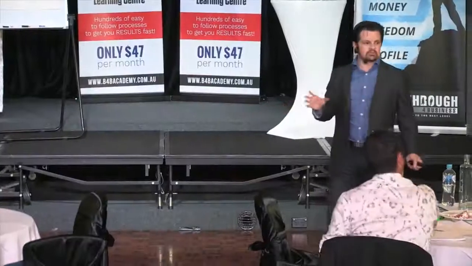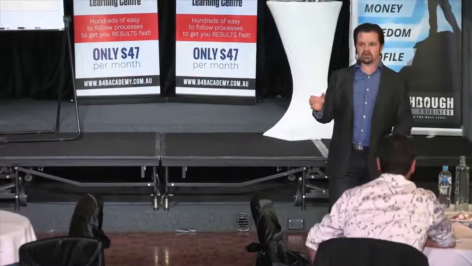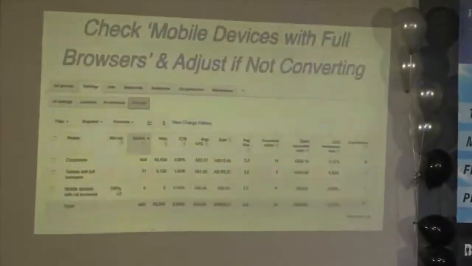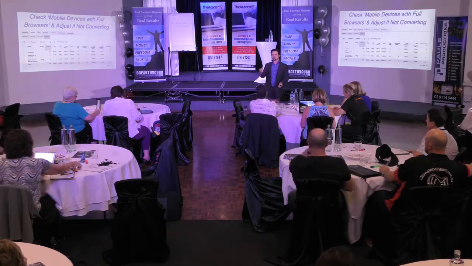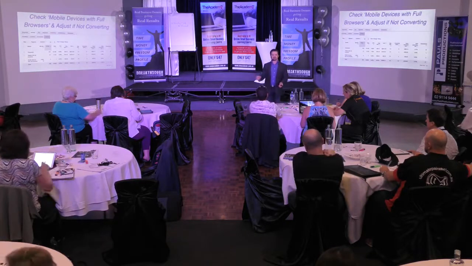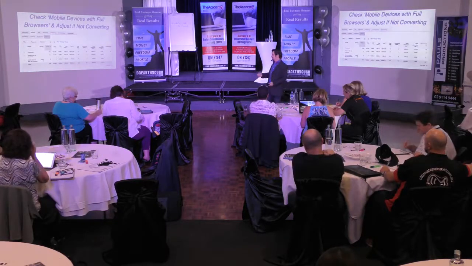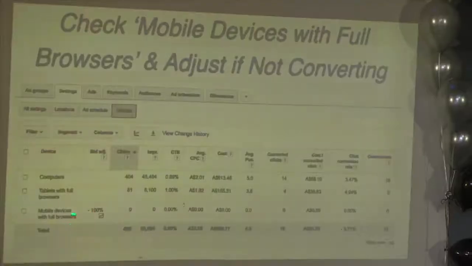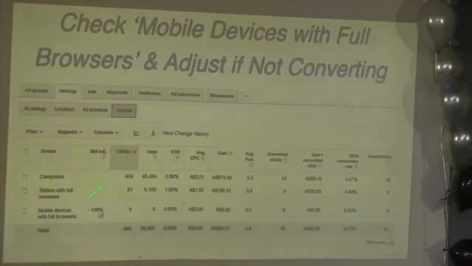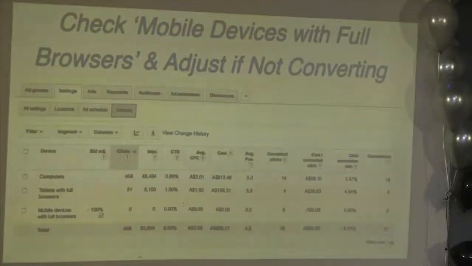We're talking about different browsers and devices. You might find in your marketplace that you get a lot of traffic from mobile browsers, but it's not actually converting into leads and sales. So you may choose, even though it's a lot of traffic, to get rid of it. They don't give you an easy way, but you can do a bid adjustment of minus 100%, which means it won't show anymore.